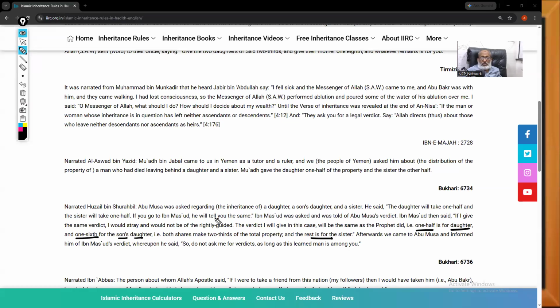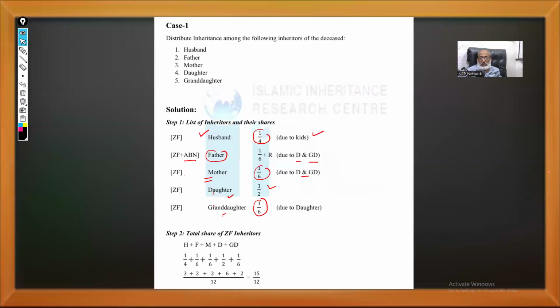So here, the share of the daughter is 1 by 2 and the share of the granddaughter is 1 by 6. We are taking this rule from this hadith, hadith number 6736. So the share of the granddaughter is 1 by 6 due to the presence of the daughter. If the daughter is not there, then the share of the granddaughter will be 1 by 2.